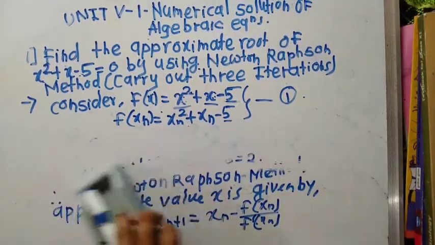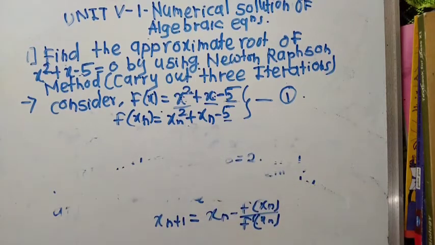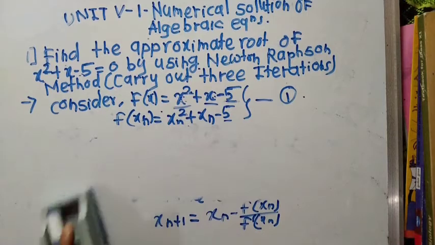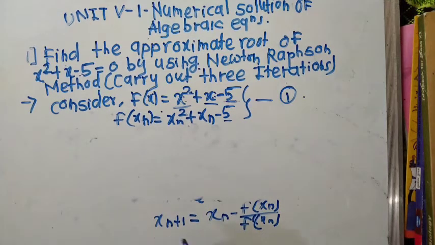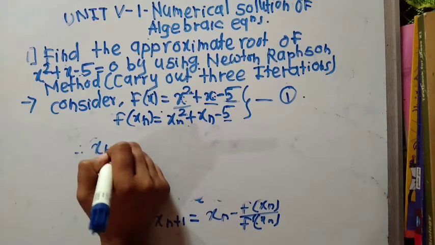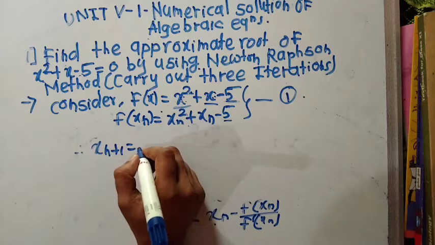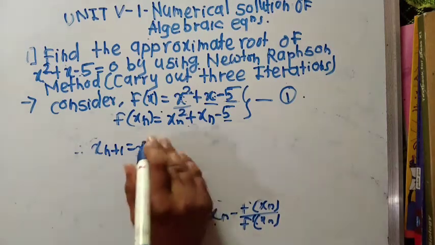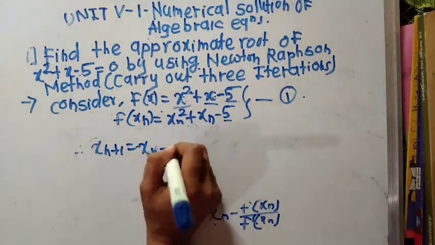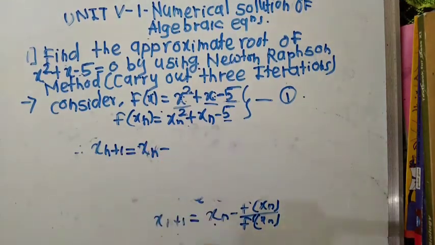Here xn plus 1 is equal to xn minus f of xn.